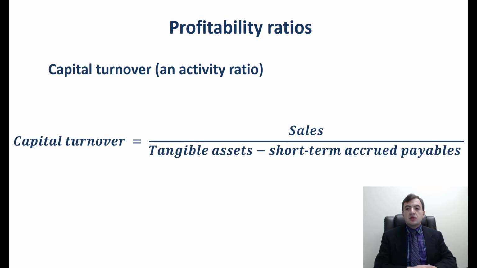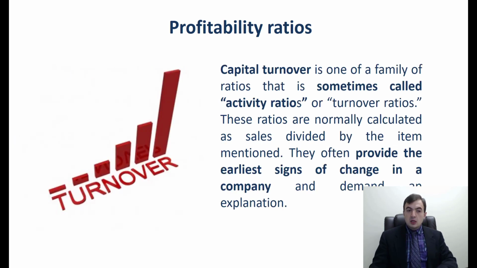The capital turnover ratio, which is sometimes called an activity ratio, is equal to sales divided by tangible assets minus short-term payables. This ratio, as I mentioned, is sometimes called an activity ratio, and it provides the earliest sign of change in the company.